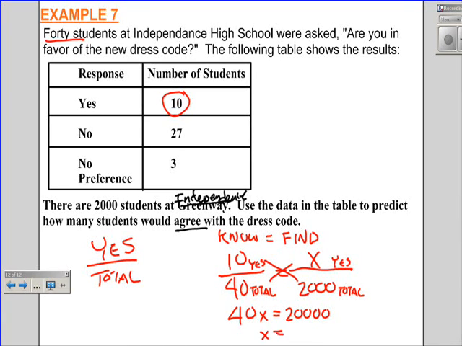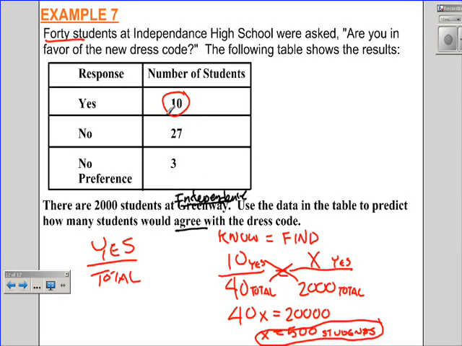Divide both sides by 40. So x equals 500 students who said yes.